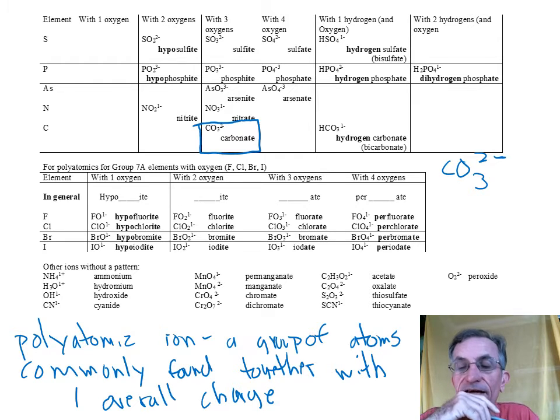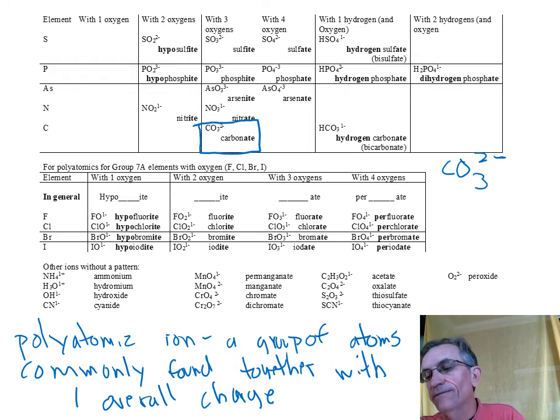So the charge in the top corner is -2. The only way you would know the charge on these is to look on this handout, or maybe you have them memorized at some point in your life. But for right now, we're just going to look at this handout, okay? So a carbon and 3 oxygens together, that's called carbonate, and the overall charge on that is -2.